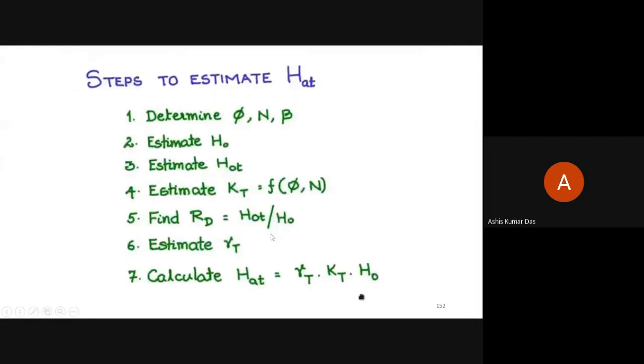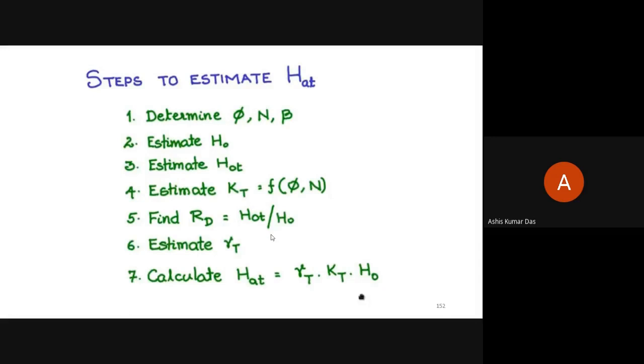Class, if you try to recall, we are at this stage to estimate the HAT, the incident solar energy at the tilted plate when we are considering the atmospheric condition.